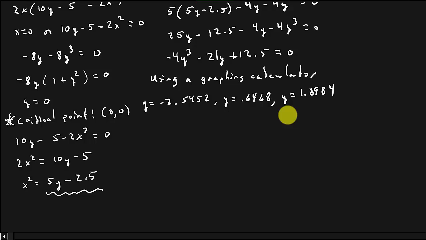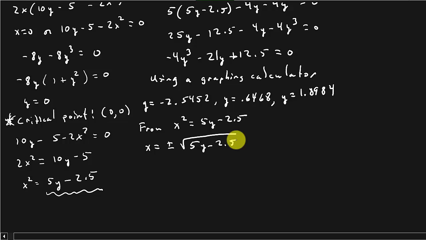All right, so we got the y coordinates, and now we need the x coordinates. From the equation, x squared equals 5y minus 2.5, we get x is equal to plus or minus the square root of 5y minus 2.5.